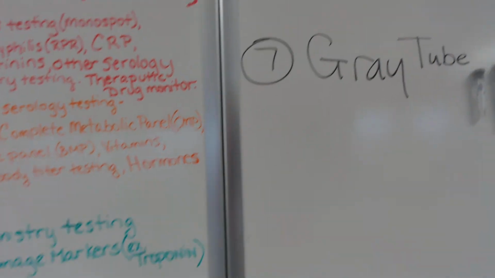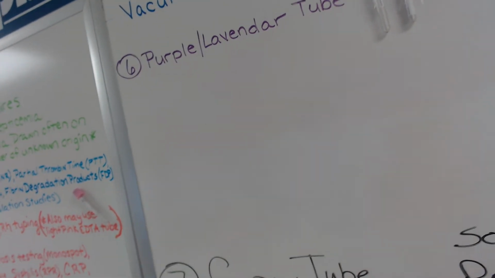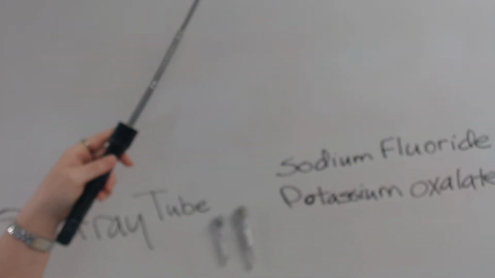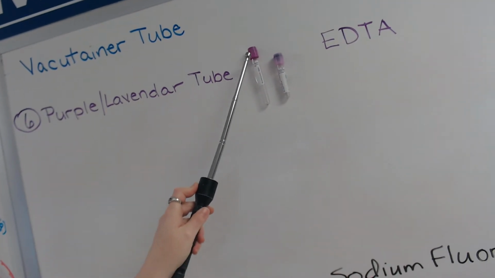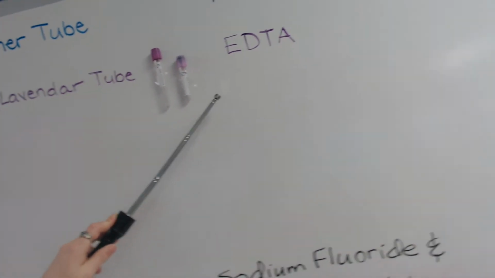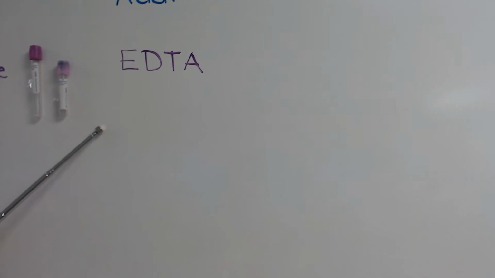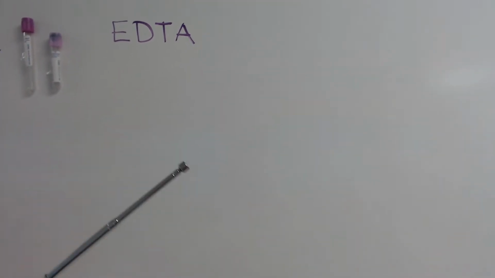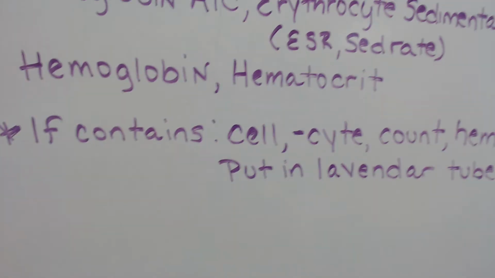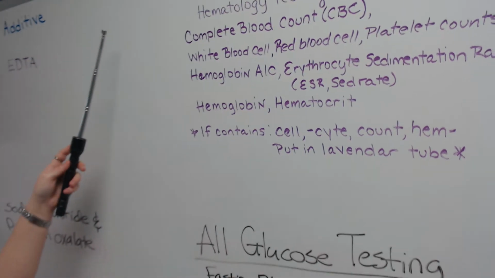All right, next we have your purple or lavender top tube. They can either be a darker top or a lavender. The additive is going to be EDTA for that. And the tests that go in there are going to be your hematology tests. So hematology is looking at your blood cells.